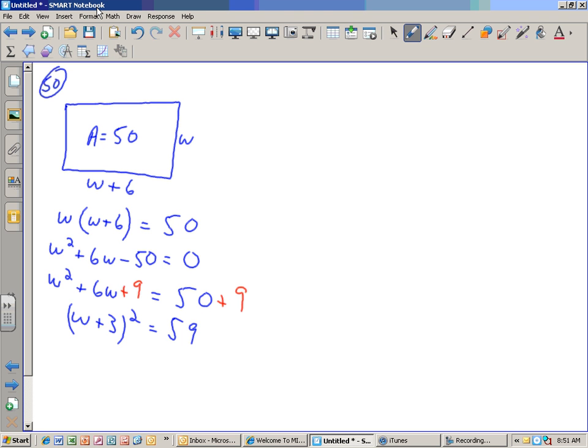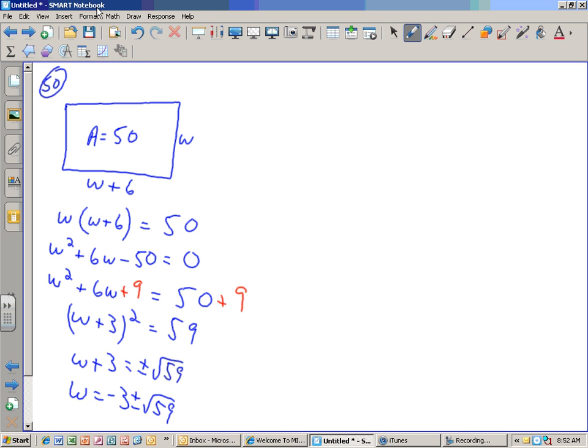And please remember this on your quiz tomorrow. Square root both sides of the equation. W plus 3 is equal to plus or minus. Don't forget the plus or minus. Subtracting 3 now, and the width is equal to negative 3 plus or minus the square root of 59.